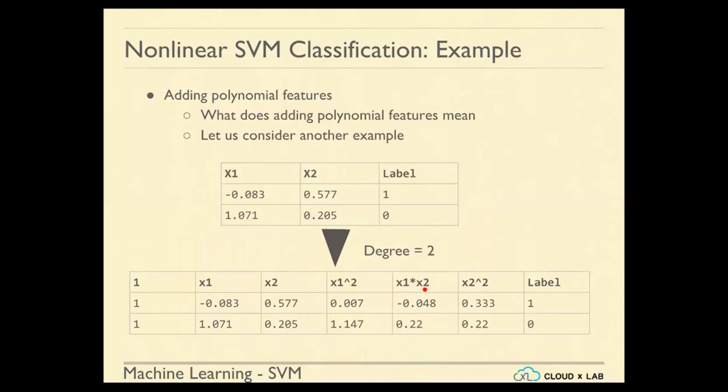So when we add polynomial features, all we are saying is that x1, x2 we have. Now what else can we do about it? We could do x1 square, we could do x2 square, and also we could multiply x1 and x2, right? Now, of course, we can also divide.